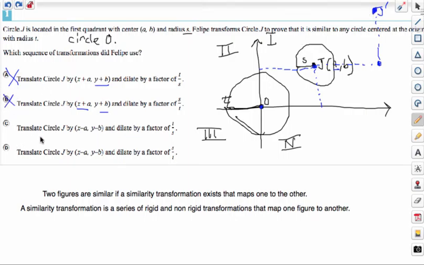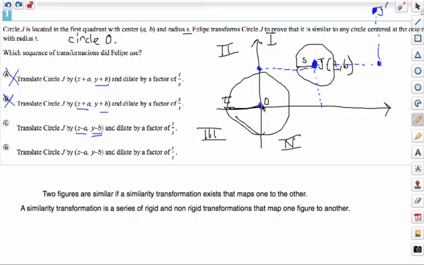So let's look at option C. Translate circle J by x minus a, y minus b. So if we take J and we subtract a from the x coordinate, that will make the x coordinate 0. And then if we subtract b from the y coordinate, that will make the y coordinate 0.